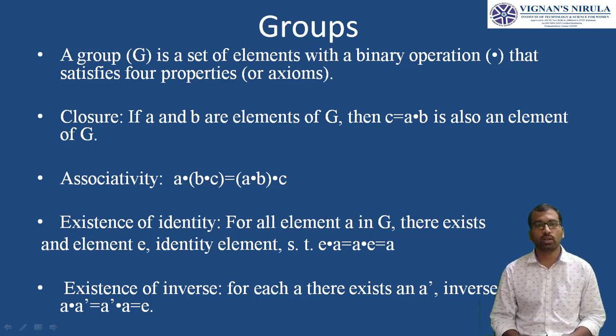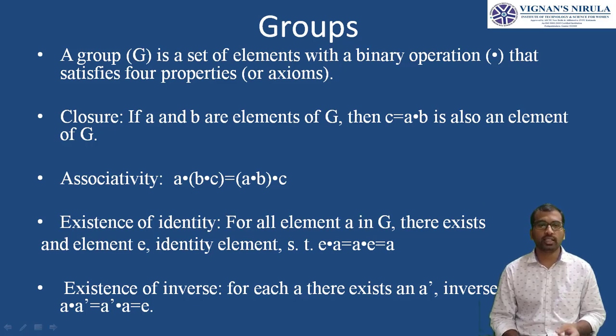The first property is closure. If A and B are elements of group G, then C equals A dot B, which means the product of these two values A and B is also an element of the group.